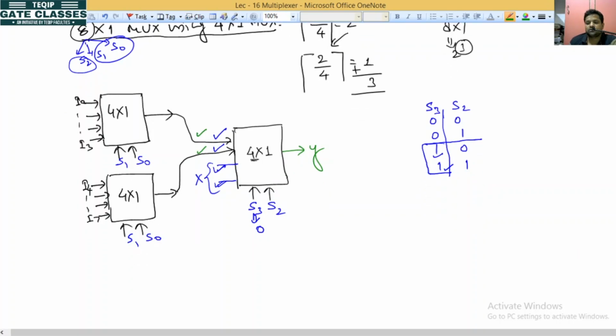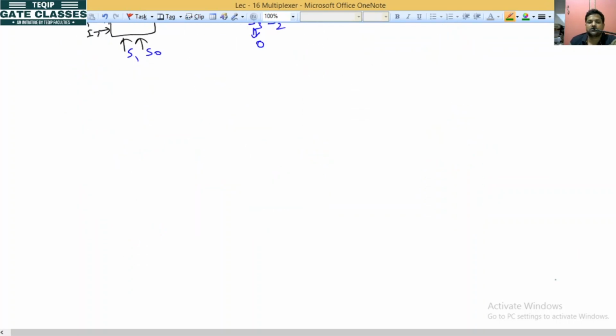Now in general I have a formula. Note, if in the exam it asks about the number of smaller size muxes required to implement a larger size mux, then what do we have to do?